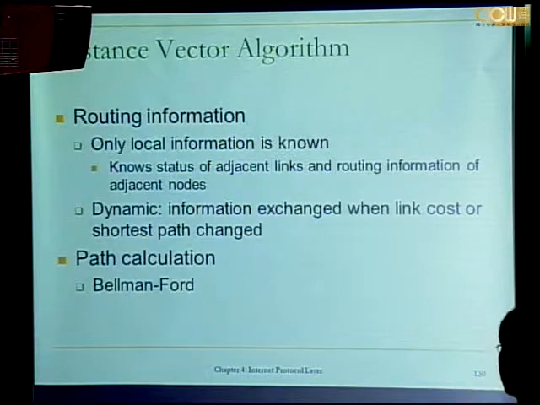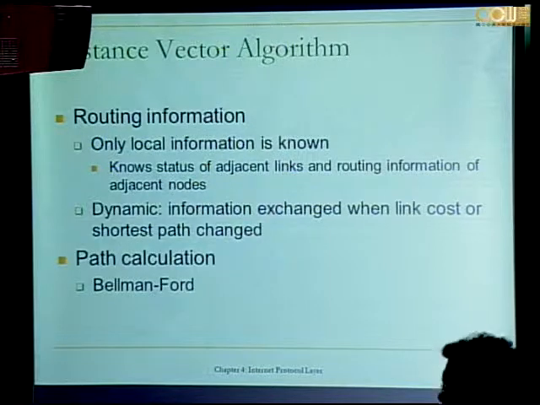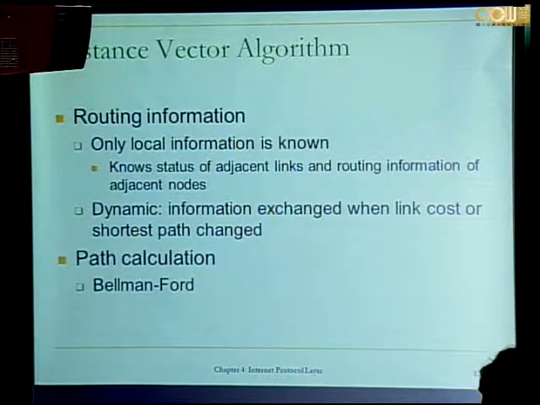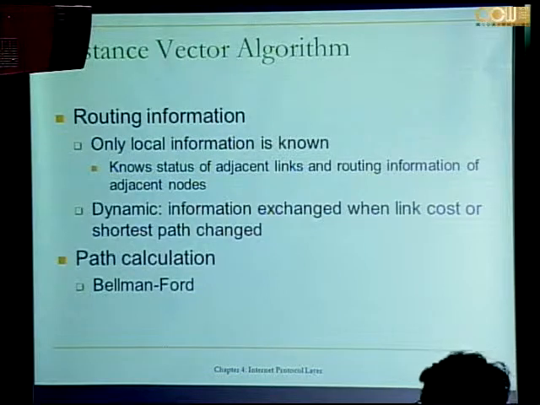How about distance vector? Distance vector is local. It uses local information only. So only local information is known. It knows the status of adjacent links and routing information of adjacent nodes. But I can add up things that my neighbors told me.